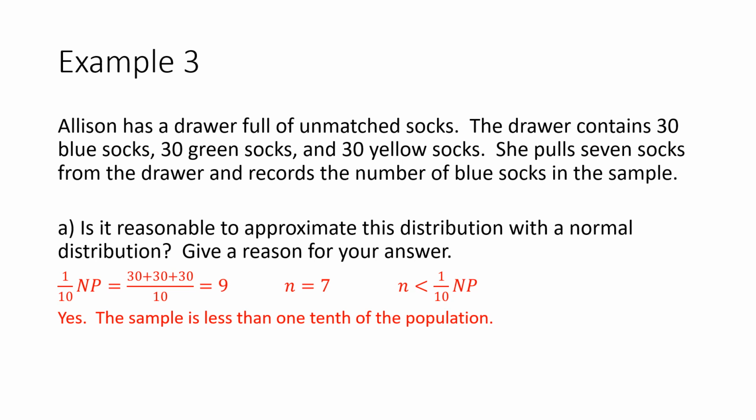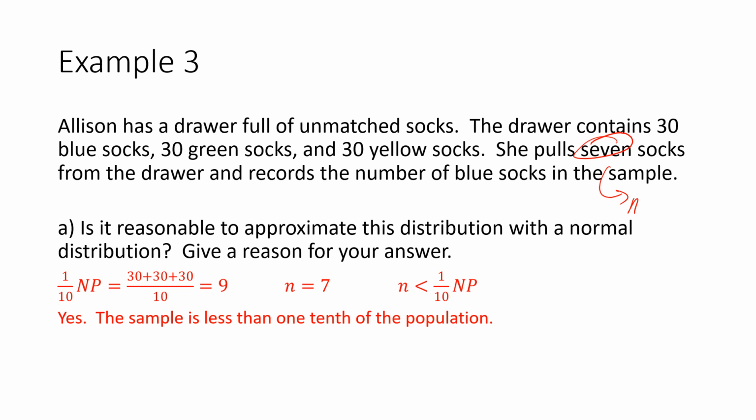So 1/10 of the population is 9 because there are 30, 30, 30, 90 socks in total. N is 7 because we're taking 7 socks. Okay, this is our N. So N is less than 1/10 of the population. Okay, so that works. So that is the main requirement.